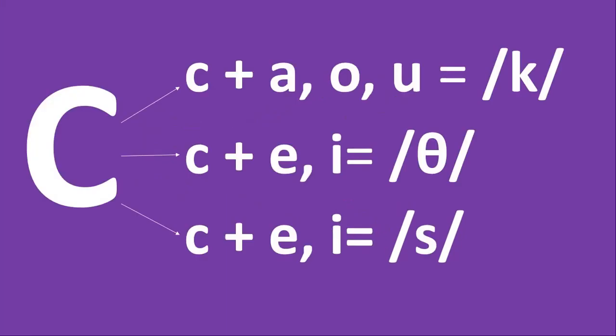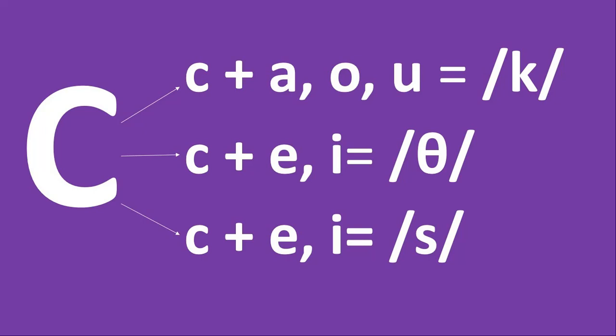The letter C in Spanish is pronounced in three manners. The first sound is similar to the English k. It is pronounced when the letter C is before a, o, u. The second sound is similar to the English dental th.